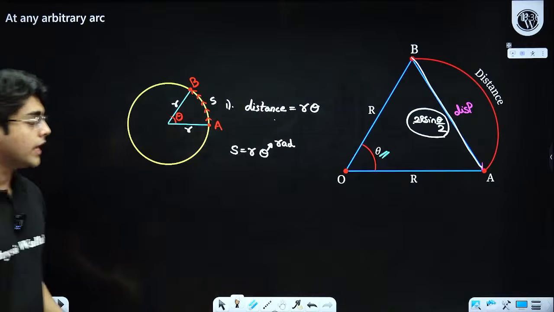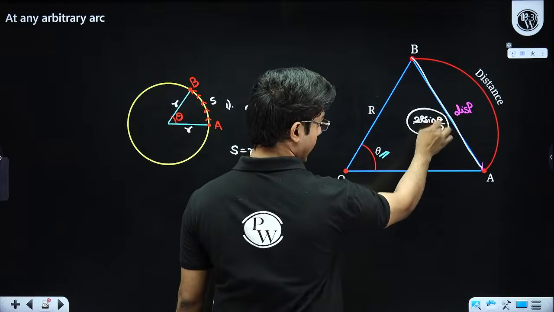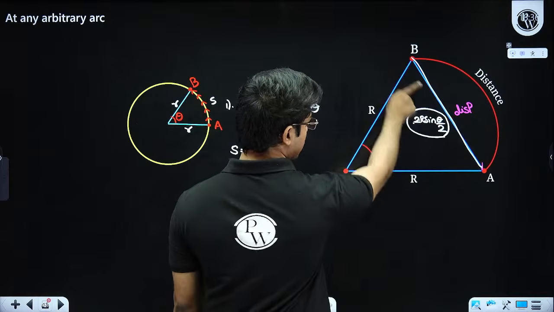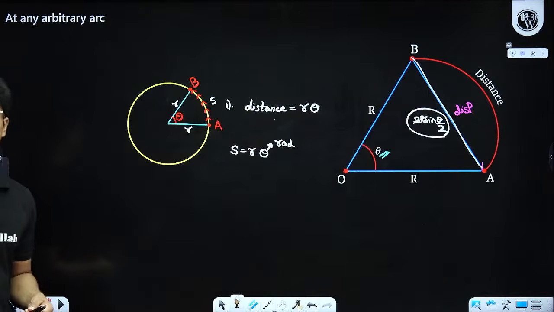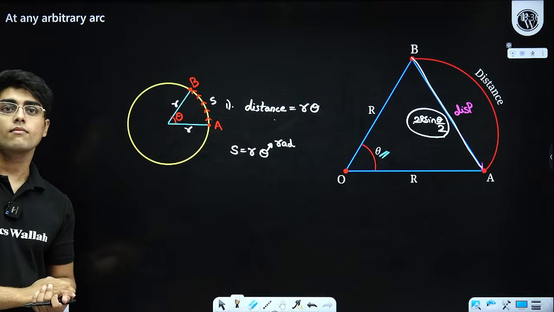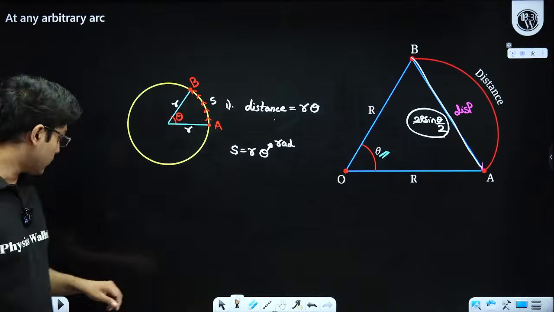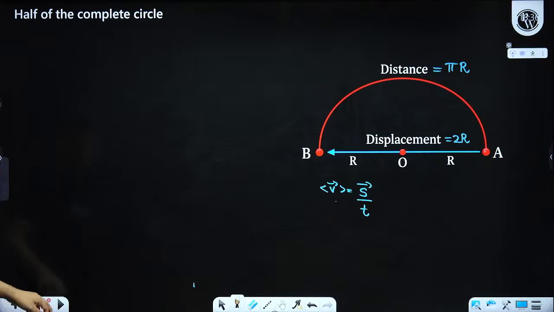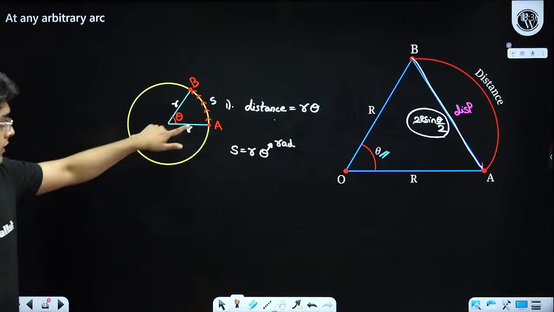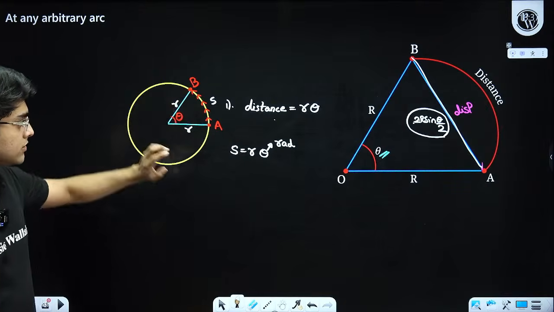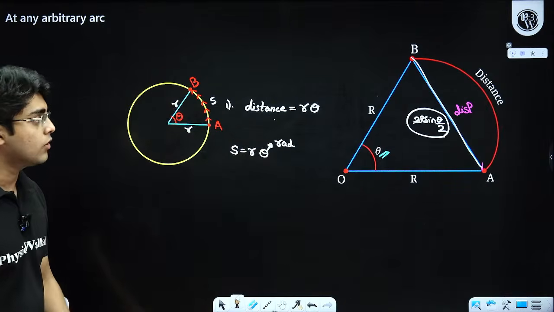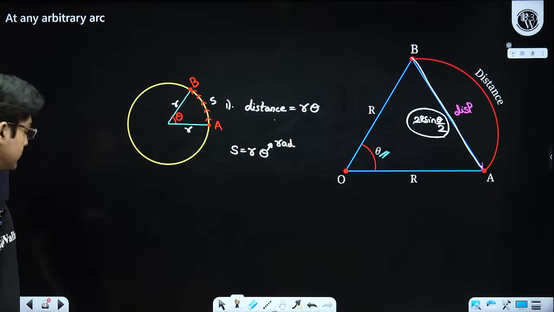So depending upon the angle theta, you can substitute the value here and then you can get the displacement, okay. All right. So this will be the answer, okay. So in the theta part of the journey, distance is r theta, displacement is 2r sine theta by 2, okay. So that is it.